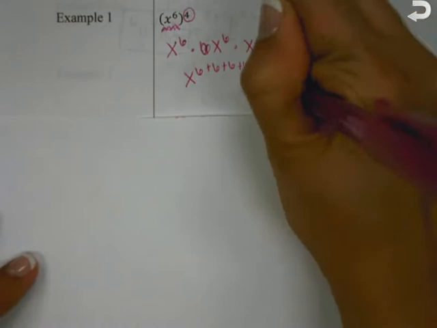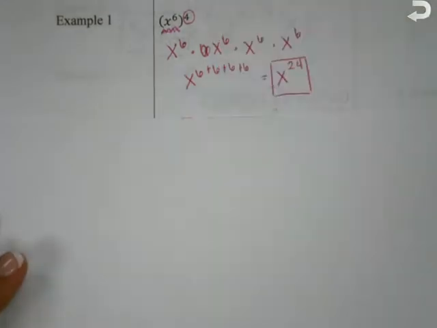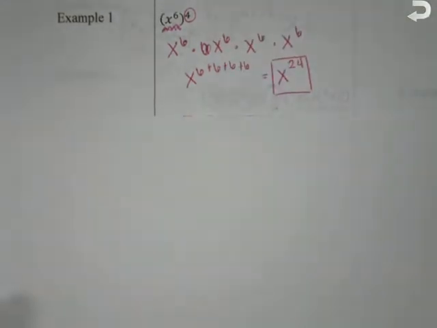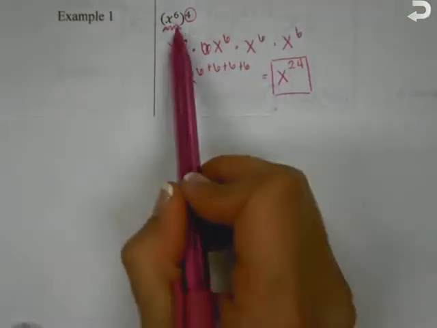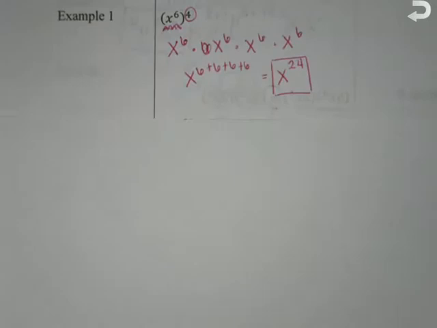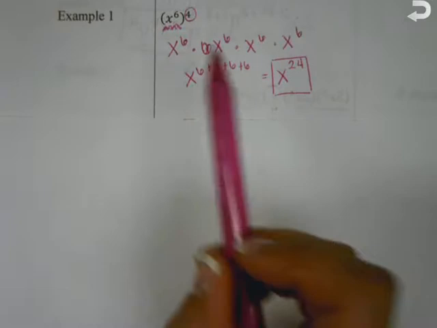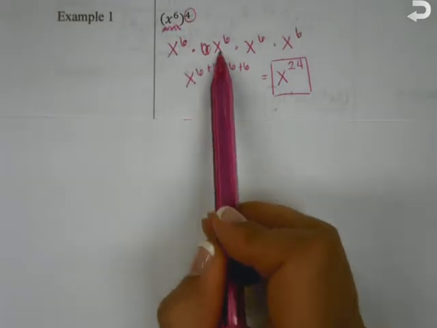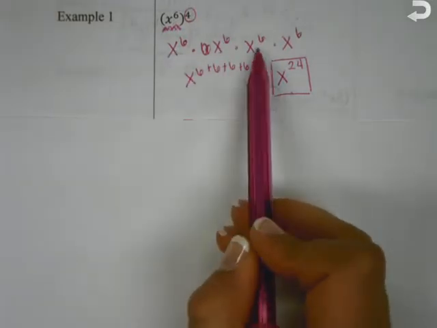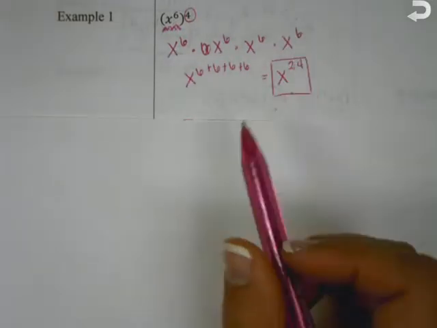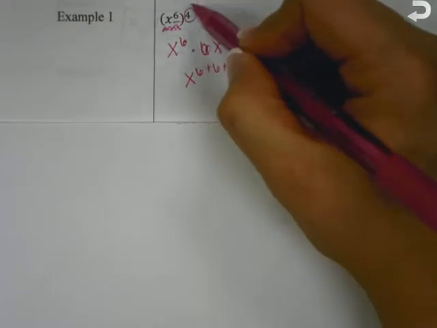Okay, what do you guys notice about my problem and my answer? Just like 6 multiplied by 4. Yeah. When I'm multiplying x to the 6 times x to the 6 times x to the 6 times x to the 6, I'm really just multiplying 6 times 4. So do we have to break the whole thing out?